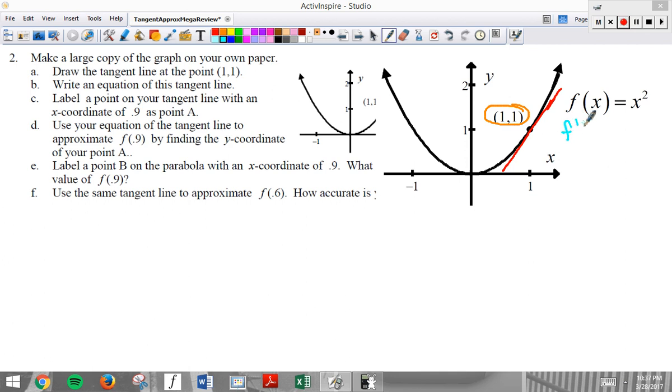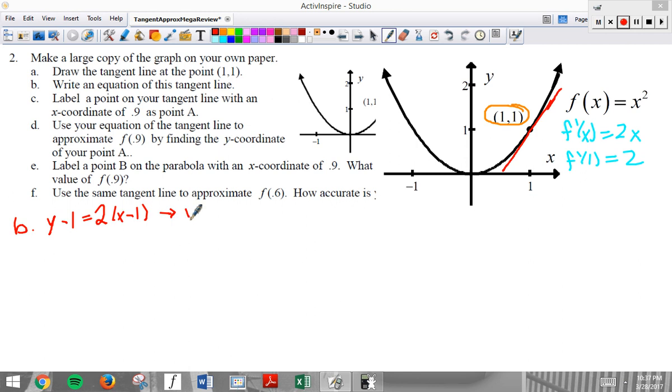f prime of this graph would be 2x. And f prime of 1 would be 2. So importantly, the equation of that tangent line, y minus 1 equals 2 times x minus 1.